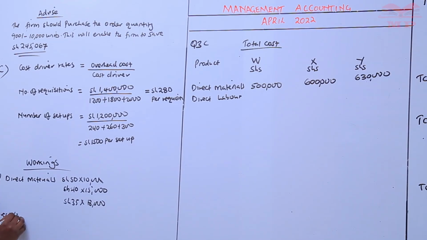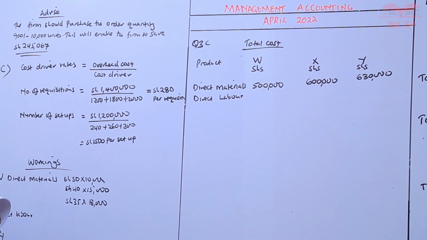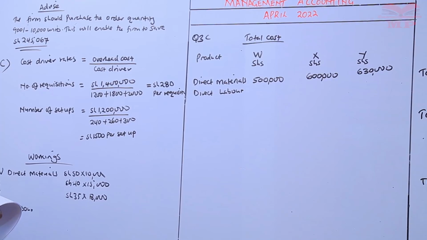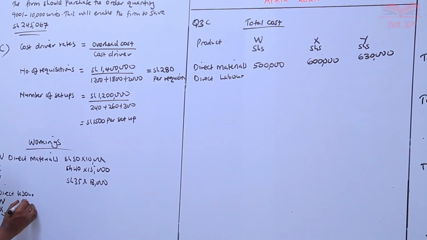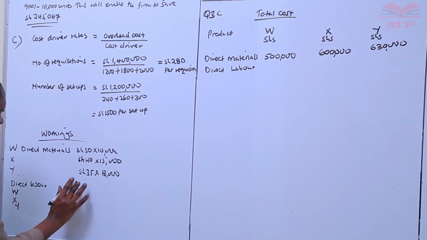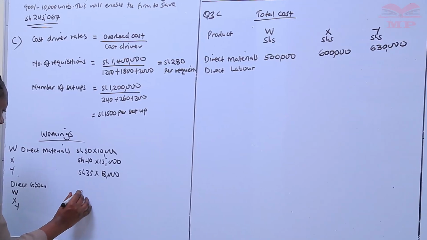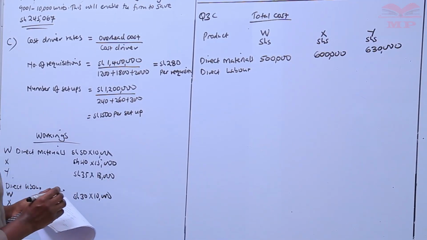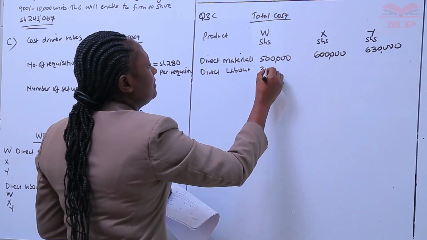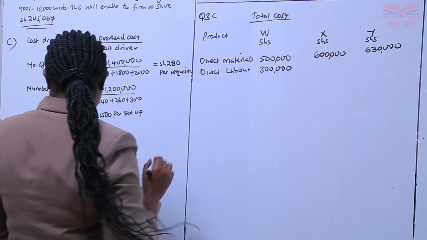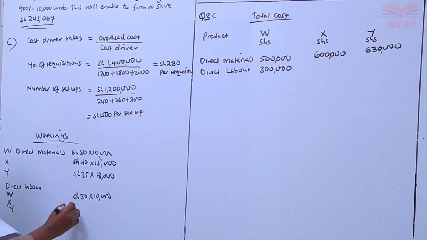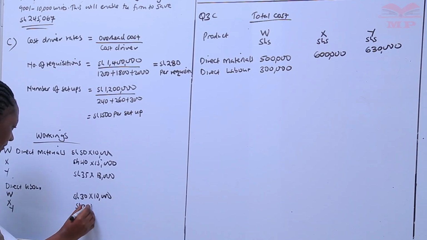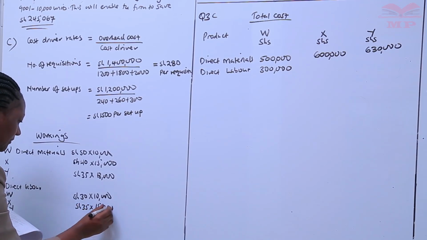Direct labor. So for direct labor, W is 30. We take 30 shillings. We multiply by 10,000, which will give us 300,000. For X, we have 35 multiplied by 15,000.